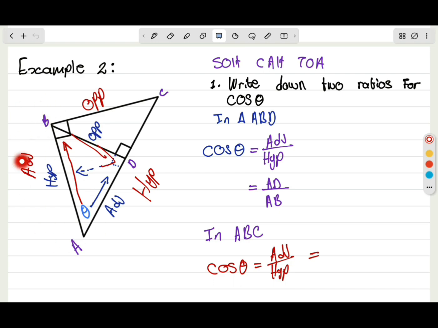This is your adjacent side, from A to B, so AB is your adjacent side, over your hypotenuse side. You also discovered that this side is your hypotenuse side, which is AC. So you have AC, just like that. You would have found your trig ratios, two of them, in different triangles.